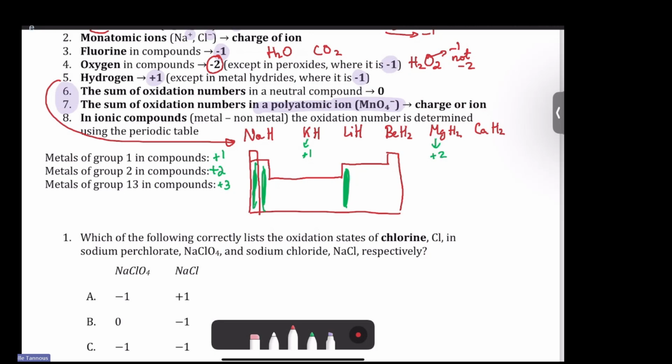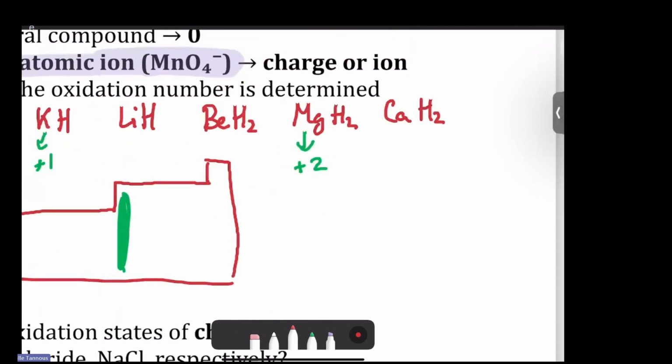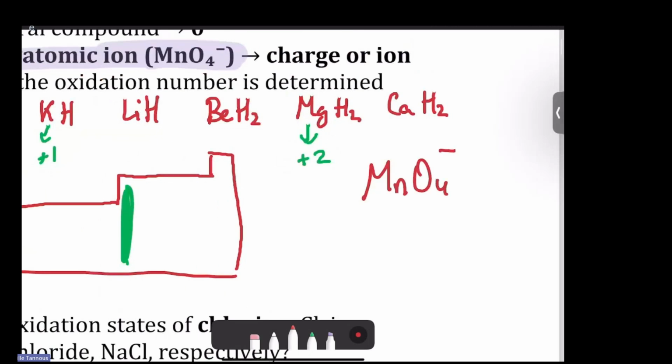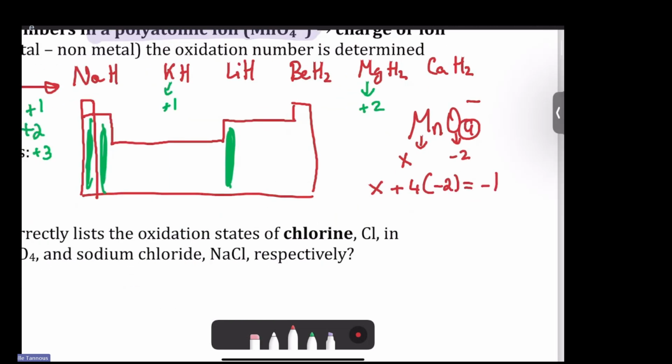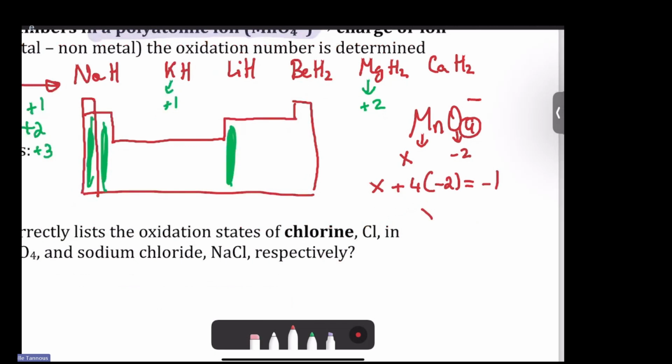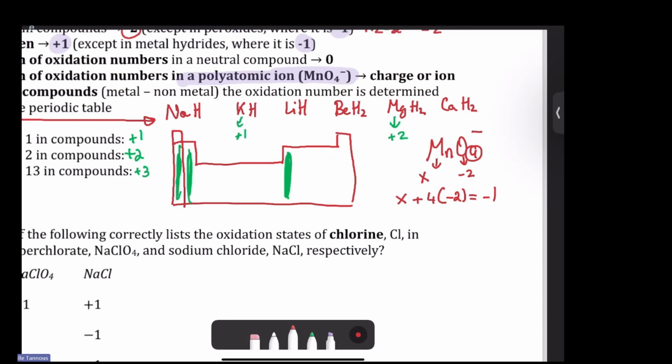For example, in MnO4, the total is negative. MnO4 minus. I don't know the manganese, but I know the oxygen. So Mn plus 4 times the oxygen equals -1. So the Mn is equal to +7.